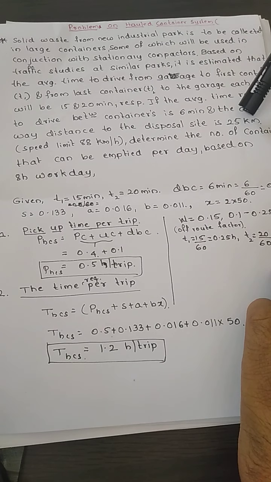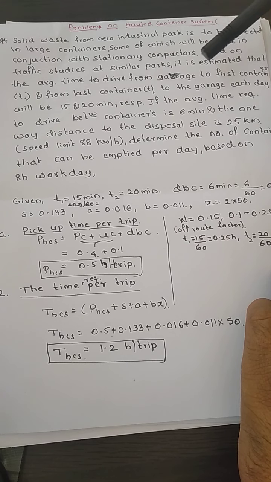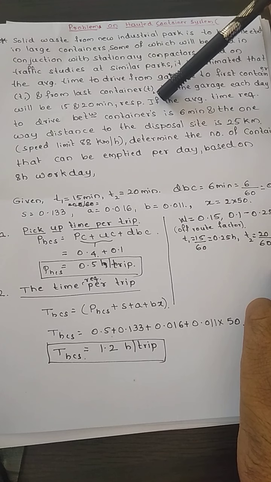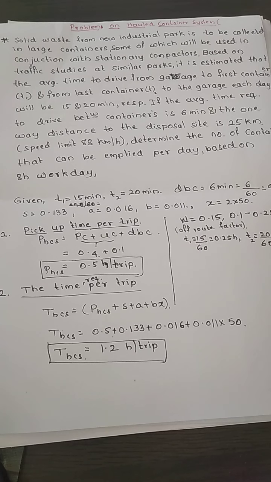So in this particular problem, they have given the time required between T1 and T2, they have given the average time, DBC is given in this problem, and the x distance they have given. Now they have told you to determine how many containers are emptied per day based on 8 hours of working. This is what they have asked in the particular problem.